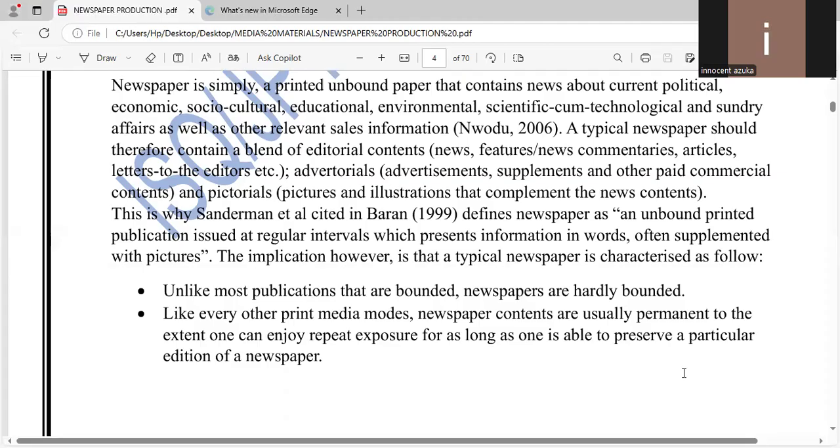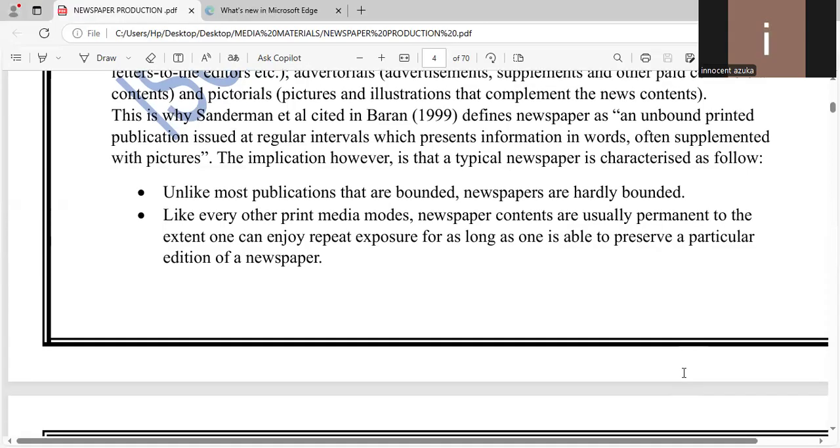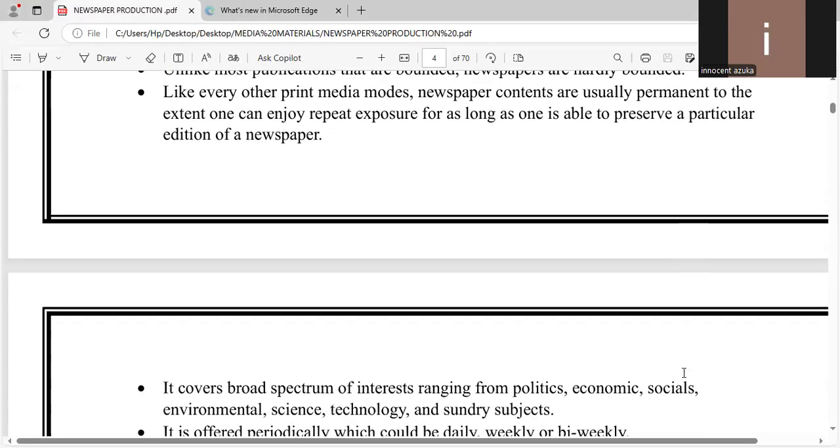A typical newspaper is characterized as follows. Like most publications, newspapers are bound. Like every other print media mode, newspaper content is usually permanent, to the extent one can enjoy repeat exposure as long as one is able to preserve a particular edition of the newspaper.